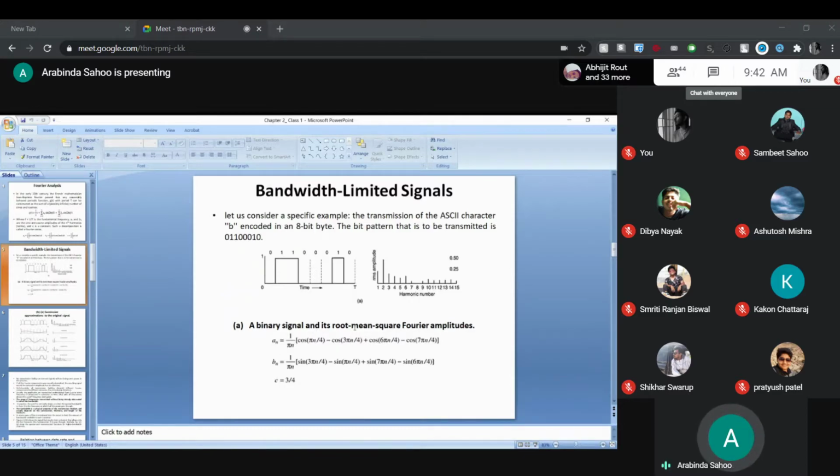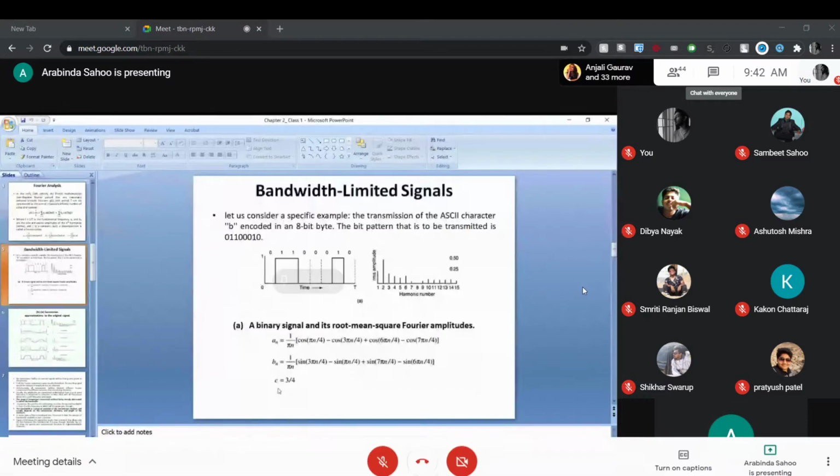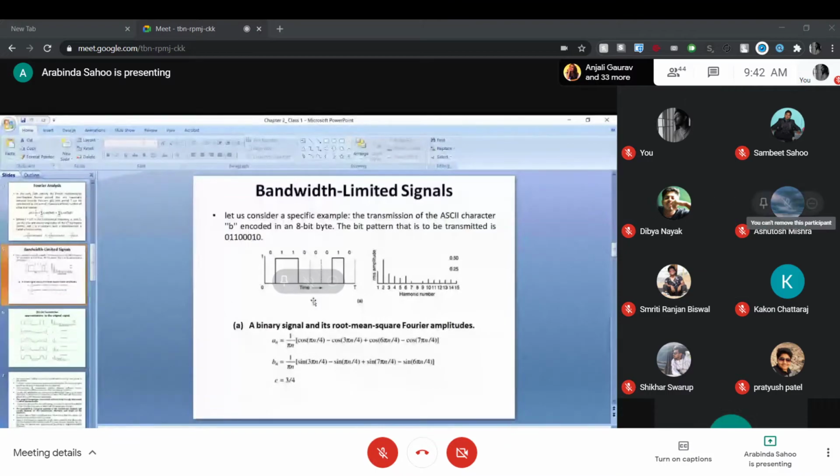So an is equal to this, bn is equal to this, and c is equal to 3 by 4. So this is one example.